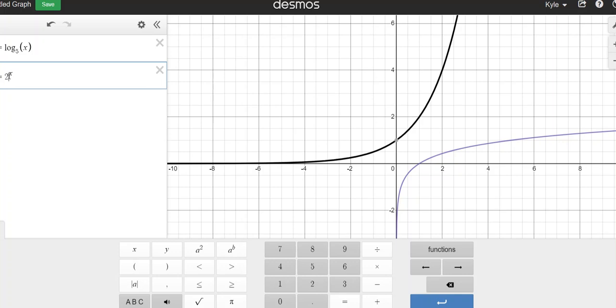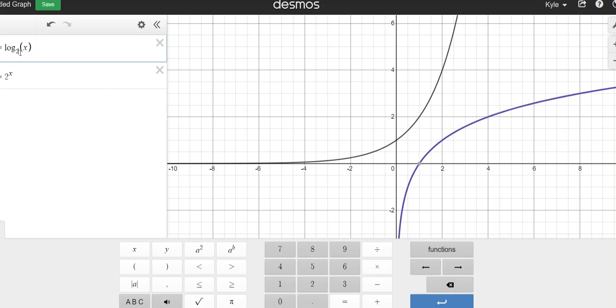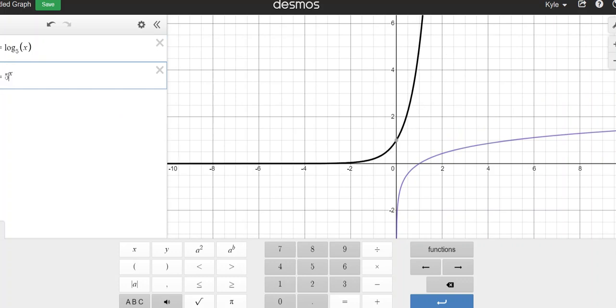The same thing's going to be true with base 5, but it's going to flatten out closer and closer to the x-axis this time. If this was base 2, it kind of goes up like this, and then base 5 is going to hug the x-axis more. If that makes sense. Okay, so we're going to be comparing it to just that basic equation there.